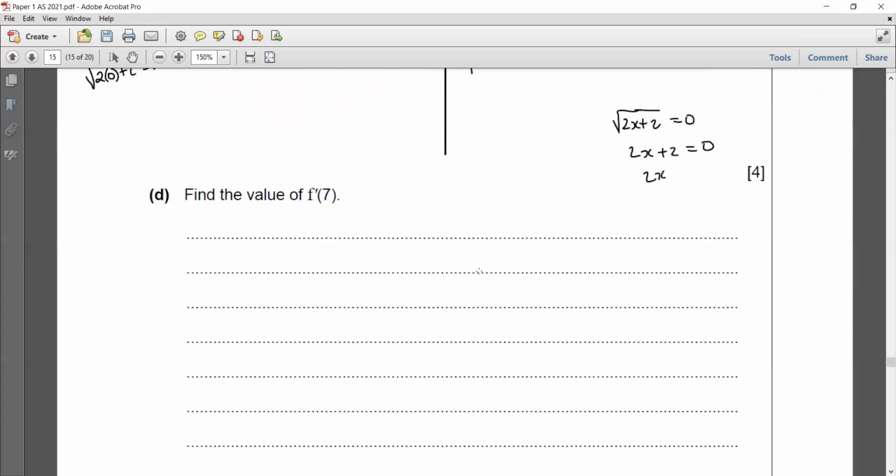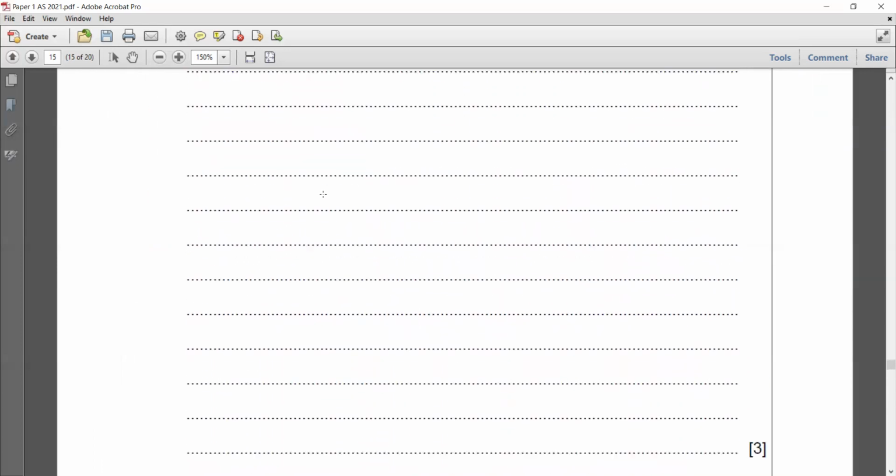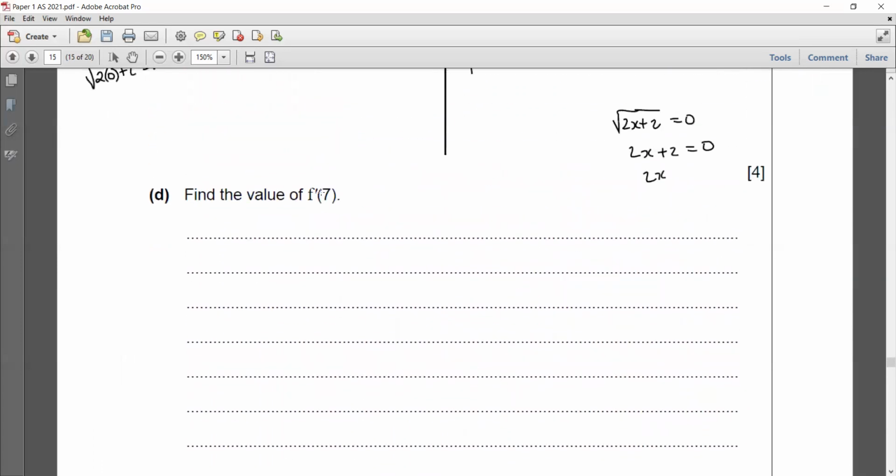All right, and then the last part, find the value of f prime of x. Here, f prime of x, I'm guessing that means the first derivative when you substitute into the first derivative. So we have f of x, the square root of 2x plus 2.